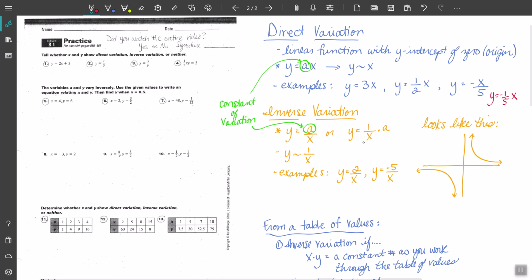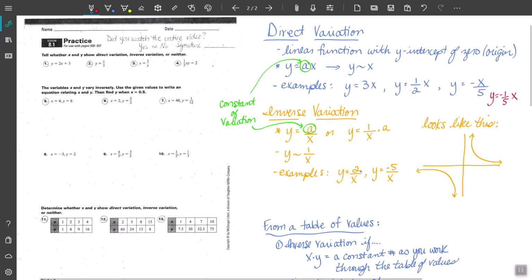You could also think about it as a being multiplied by 1 over x, and you can maybe see it a little bit clearer there. So y does not vary directly with x, it varies directly with 1 over x, but we call that inverse variation when y is varying with the reciprocal.